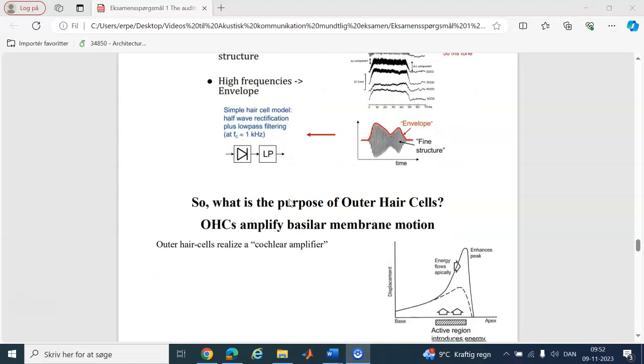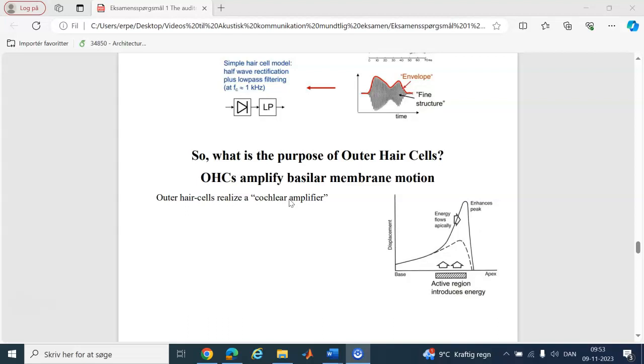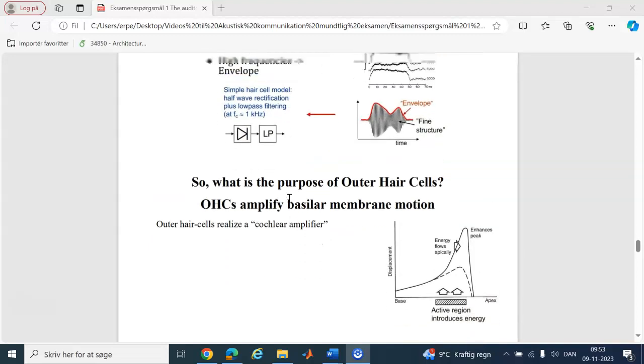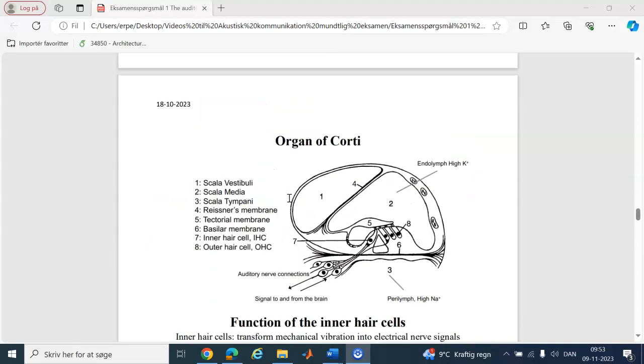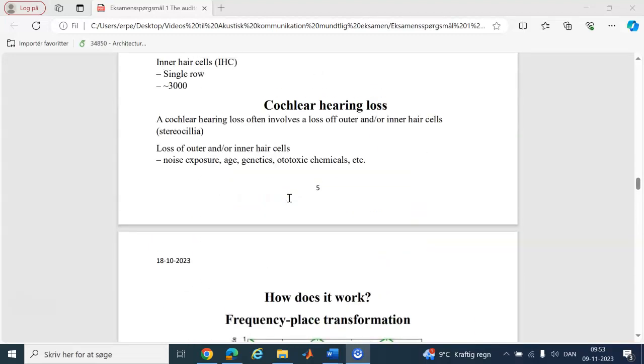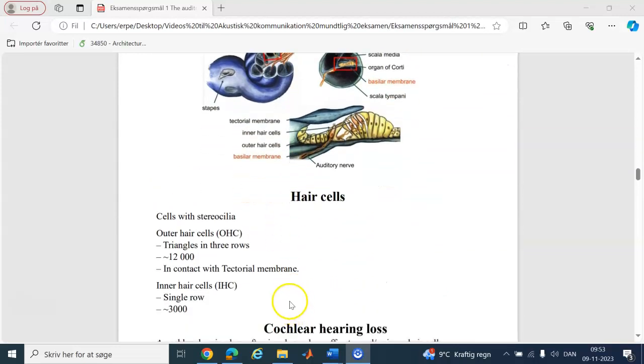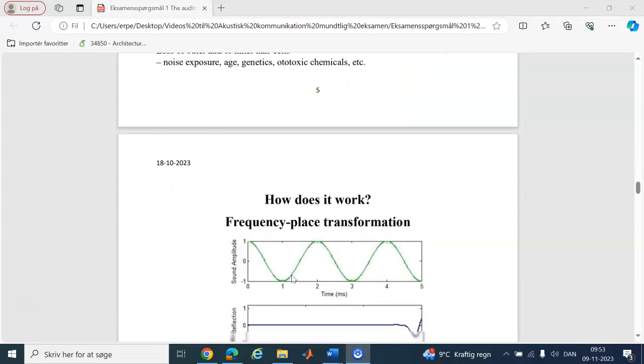So what is the purpose of outer hair cells? The outer hair cells amplify basilar membrane motion. The outer hair cells are in touch with the tectorial membrane.